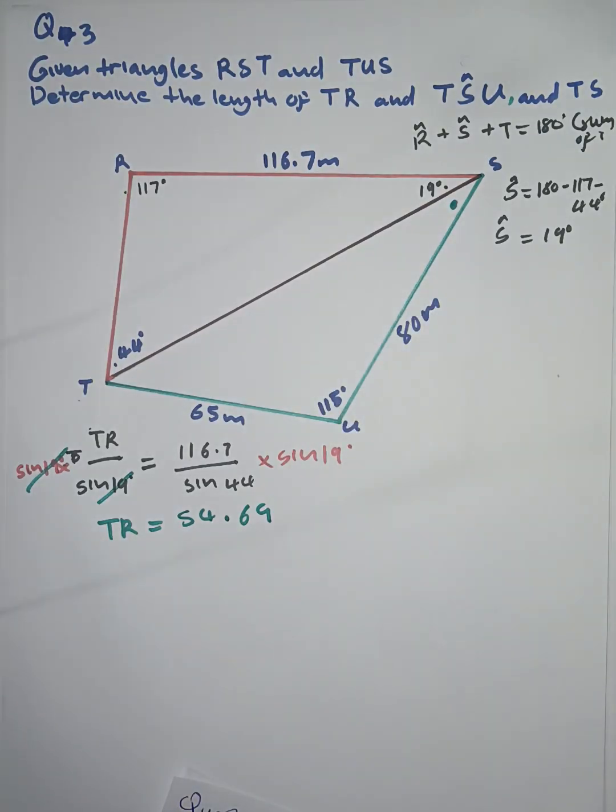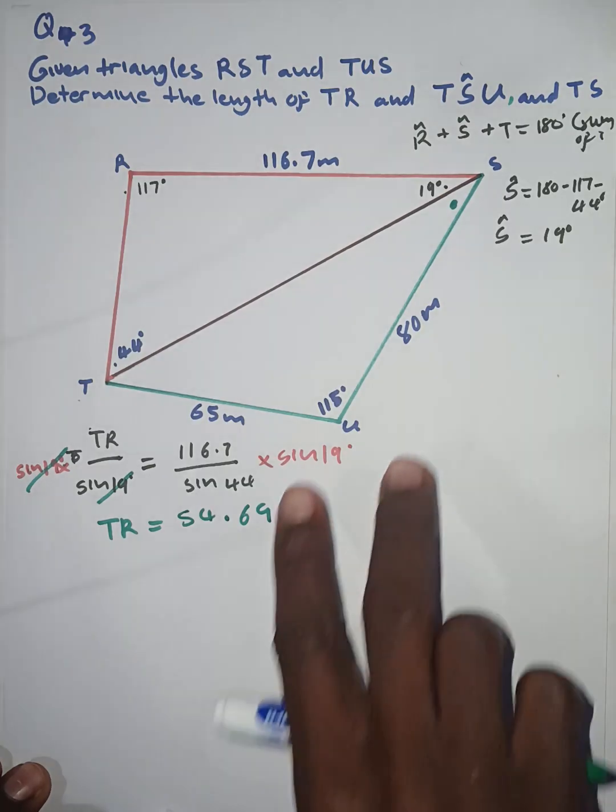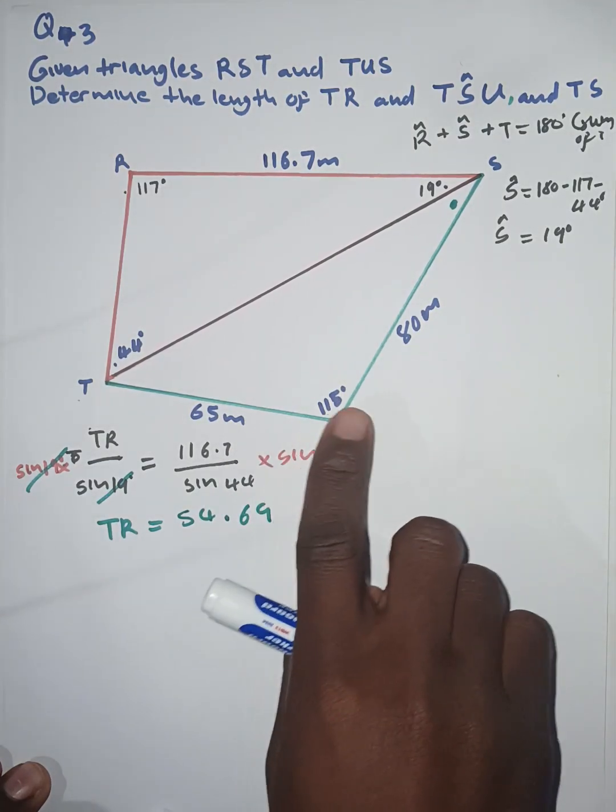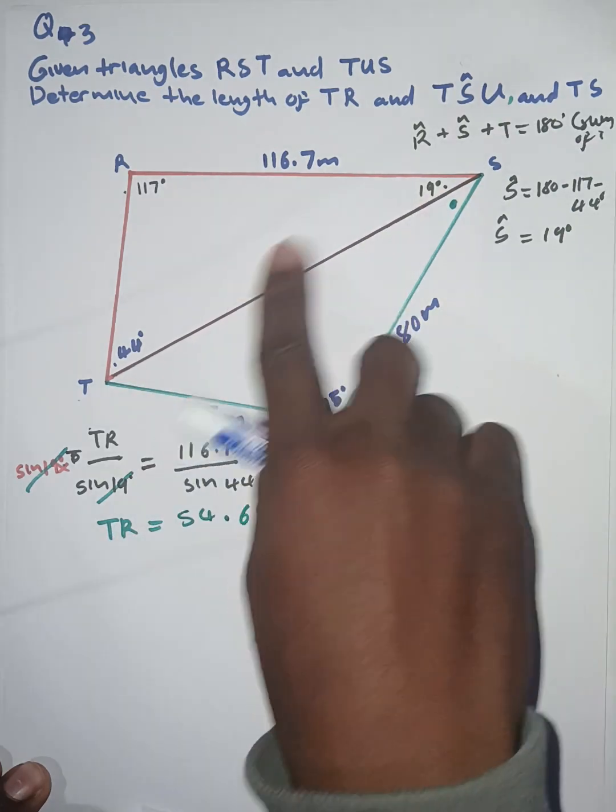So I'm going to use the cosine rule to find that side there. Remember, in this case I must have two sides and an angle in between if I'm looking for that side.